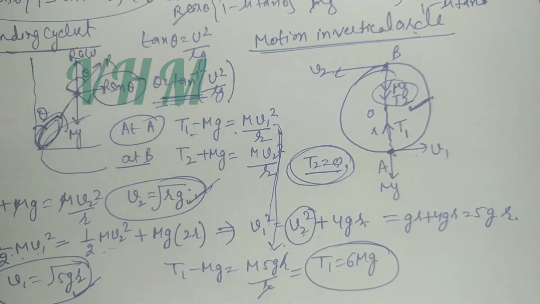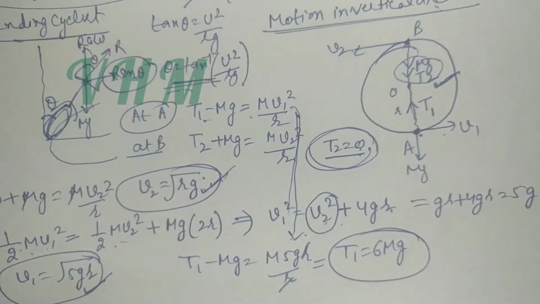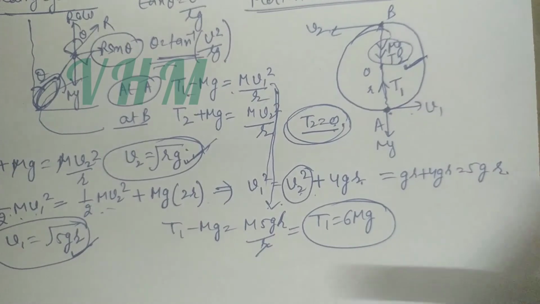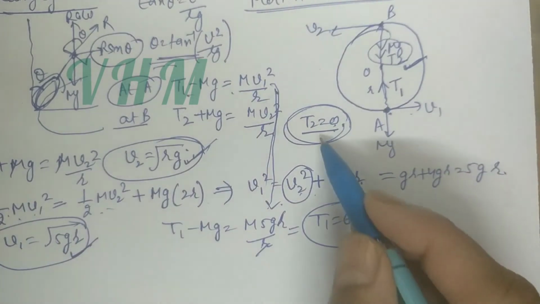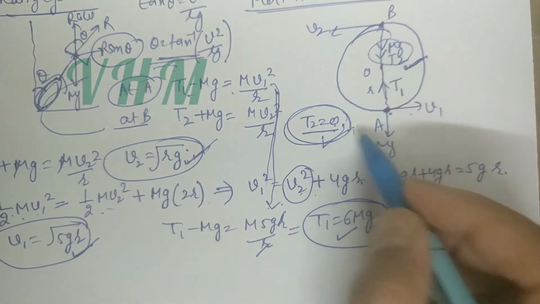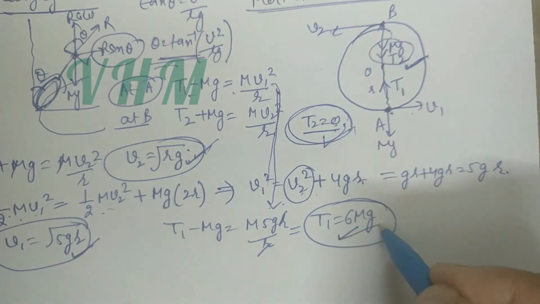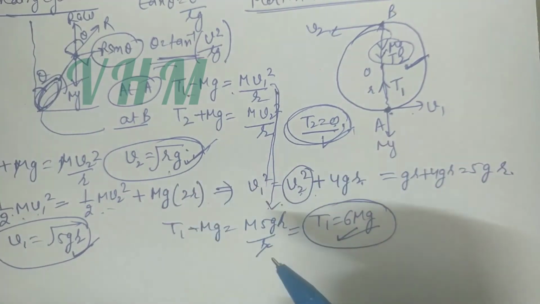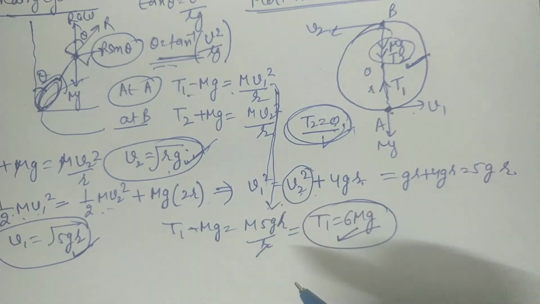So for looping this circular path in vertical motion, what are the conditions that we have? The tension at the highest point is 0, at the lowest point it is 6 mg, and these are the velocities at these points.